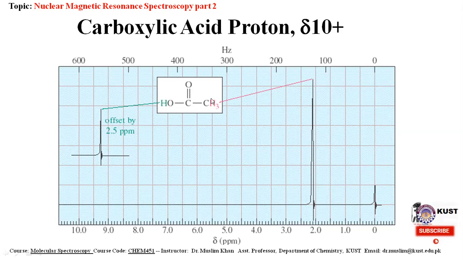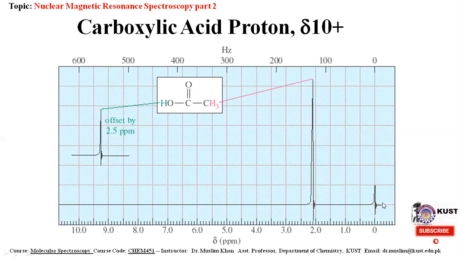Although you know that the signal for a proton in an alkane appears around 0.9 ppm, the environment of this carbon atom is different because it is attached to the carboxyl group. So the signal for this hydrogen shifts to 2 ppm.